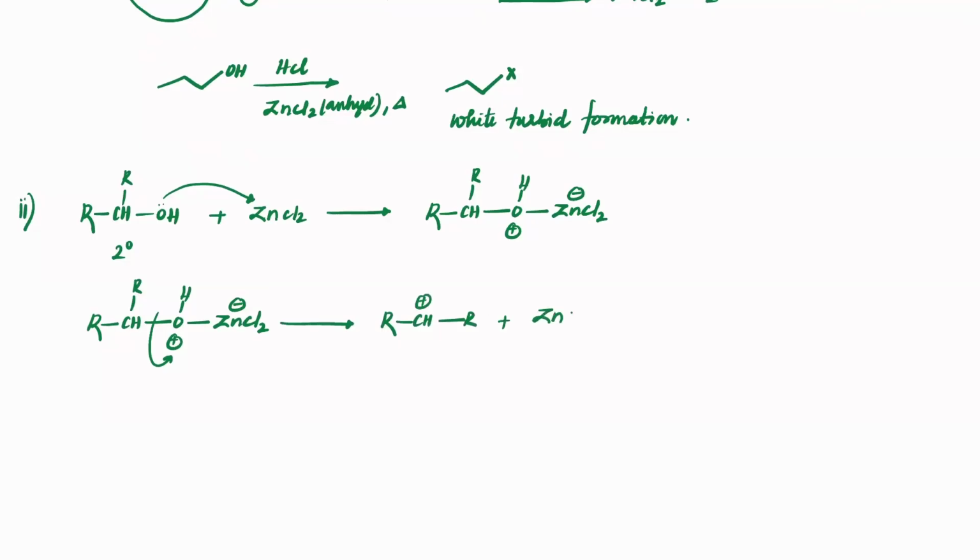So you'll get this ZnCl2 OH minus. And here Cl will release more easily, getting this into ZnOH and Cl.